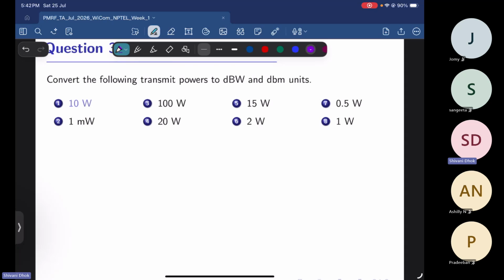But there are some places where we explicitly use dB calculations, most probably related to link budget calculations, then SNR, signal to noise ratio, and all those things. As we go ahead, you will see when these dB and dBm things show up.